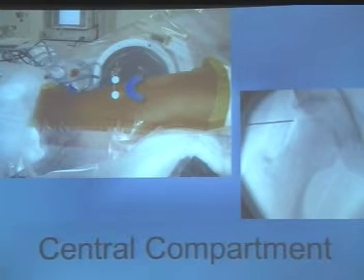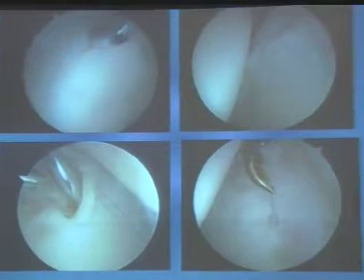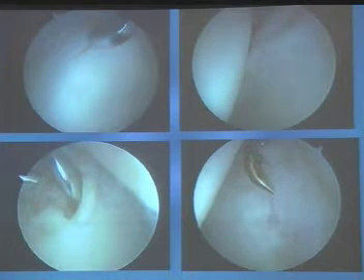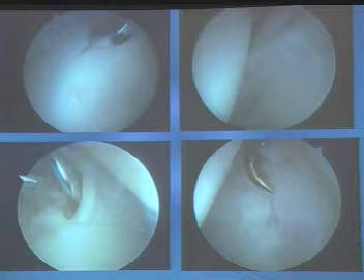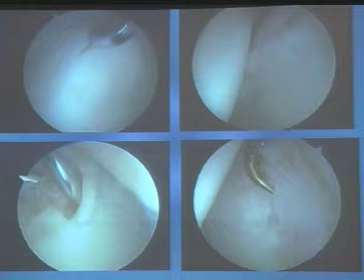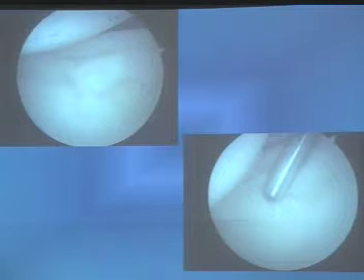Arora? Sorry. So this is how it looks, and inside the acetabulum we see that there is a torn labrum along with peeling of the articular cartilage, which can be excised, and a microfracture can be done to assist the healing of the cartilage.